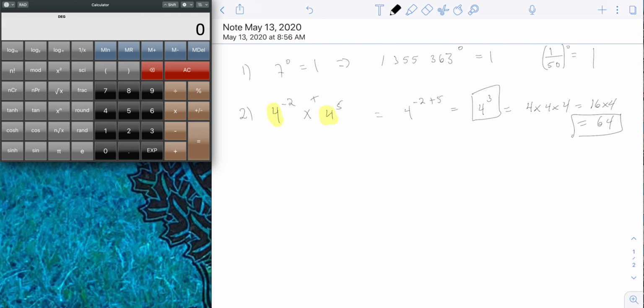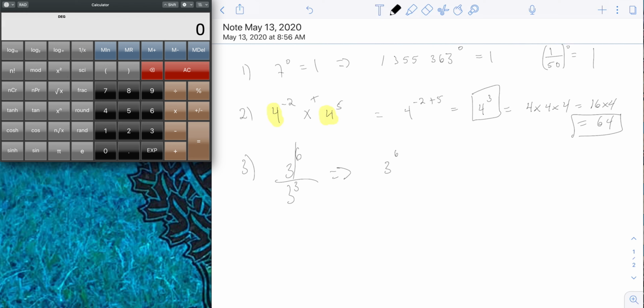The exact opposite would be true if I were to take a question like 3 to the power of 6 divided by 3 to the power of 3. In this instance, the bases are the same, the 3 and the 3. So you're going to have 3 and then the exponents.